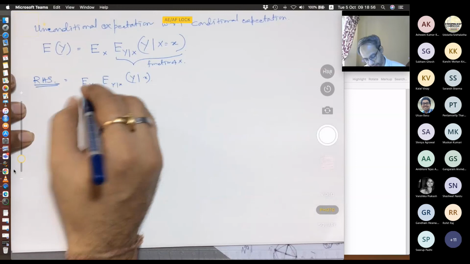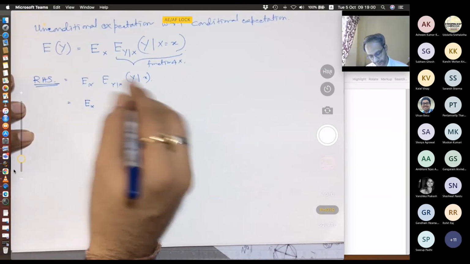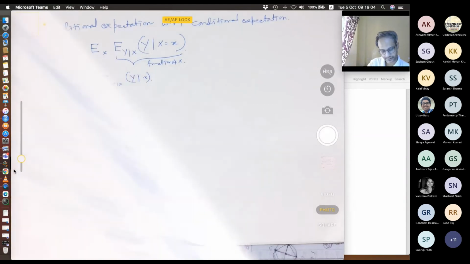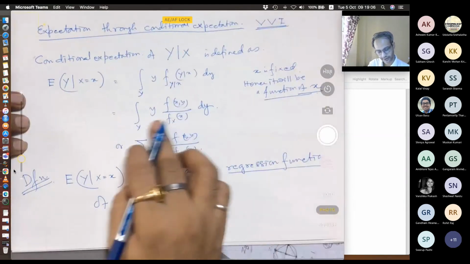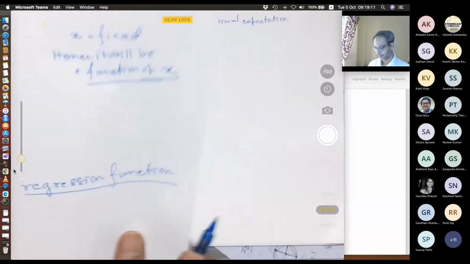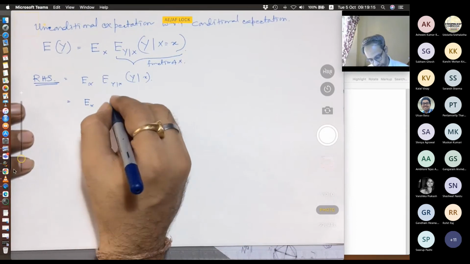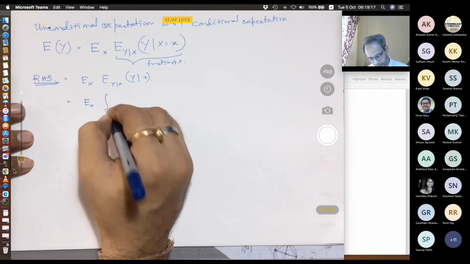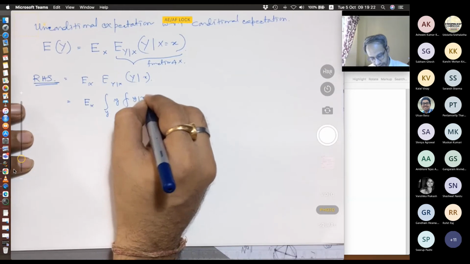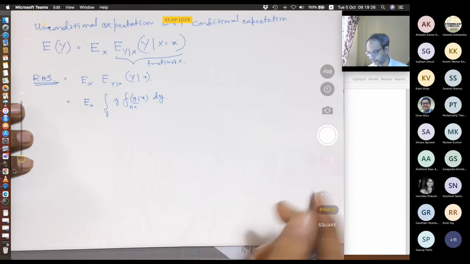Now if you go by definition, you have already seen how to write this conditional expectation. This quantity is the integration over y of y times f of y given x, dy.